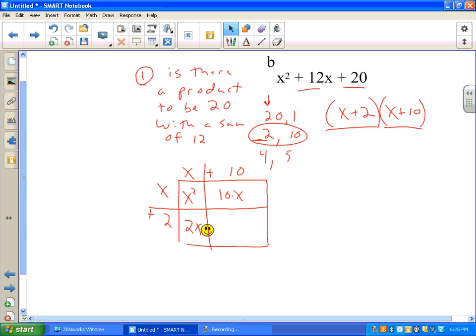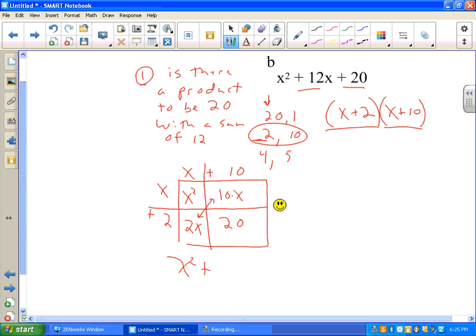The height of this is 2 feet, the width is 10, so the area is 2 times 10, or 20 feet. So the total area of this rectangular garden is x squared plus, you saw me draw this arrow here, 10x plus 2x is 12x, so I can combine those to be 12x plus 20.